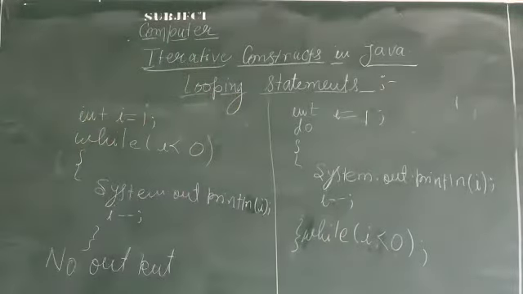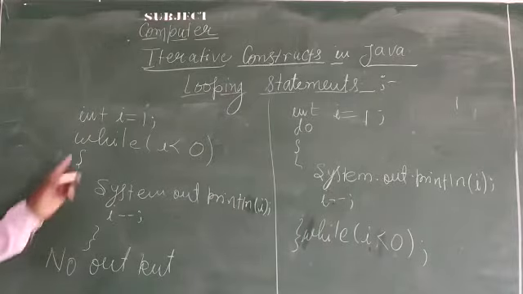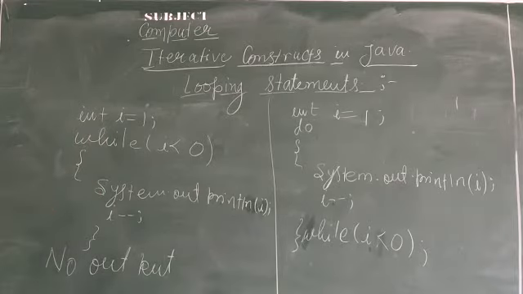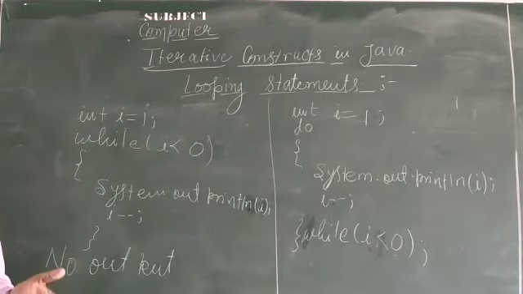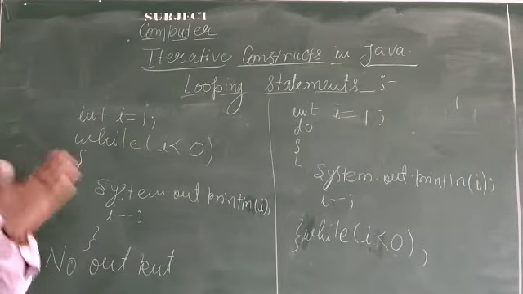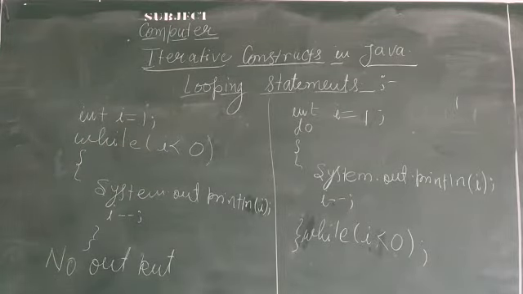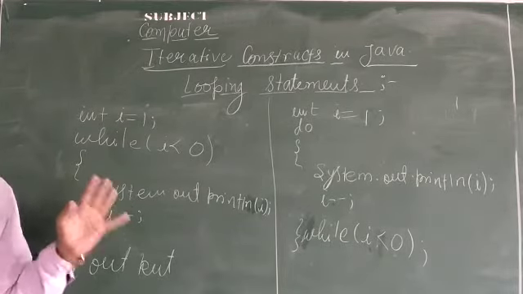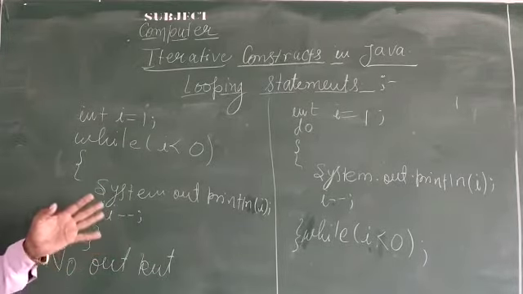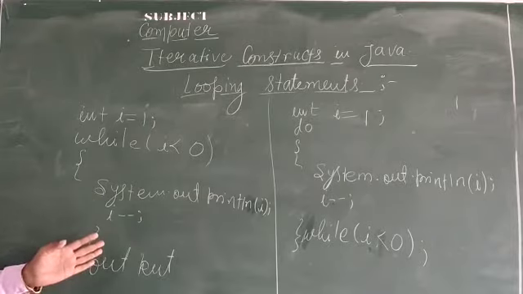Okay. Now let's see what happens in a while loop when the condition is false at the very first iteration. Then the loop body will not be executed. Is that clear?